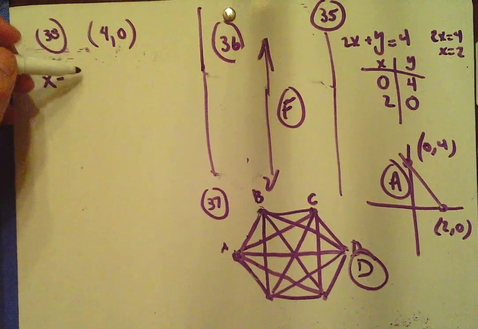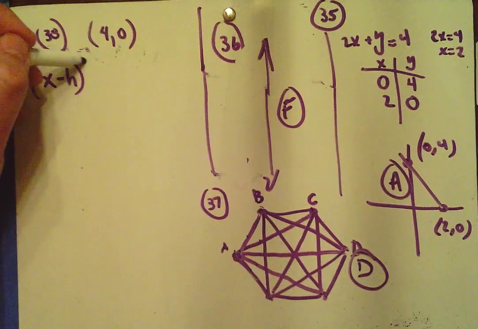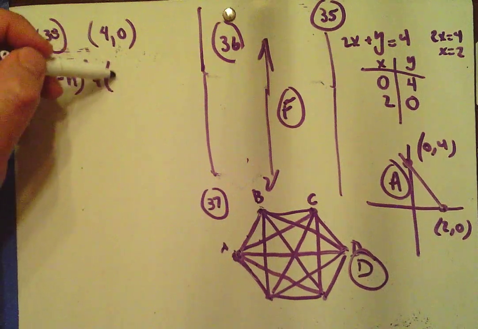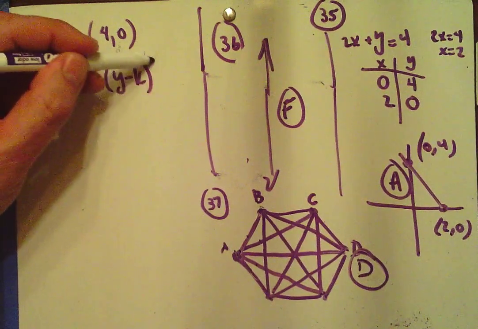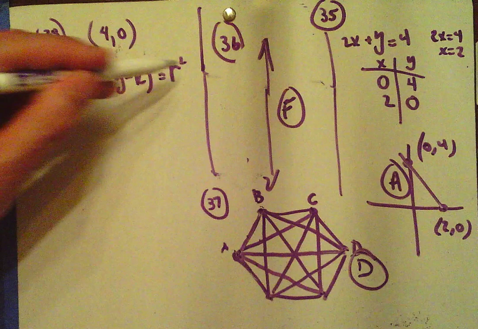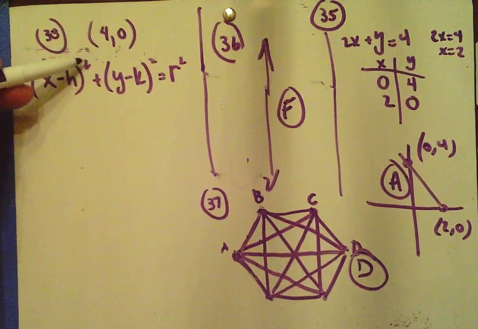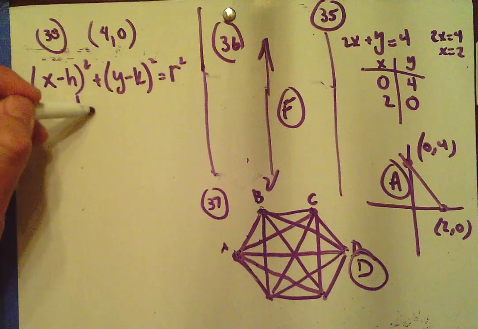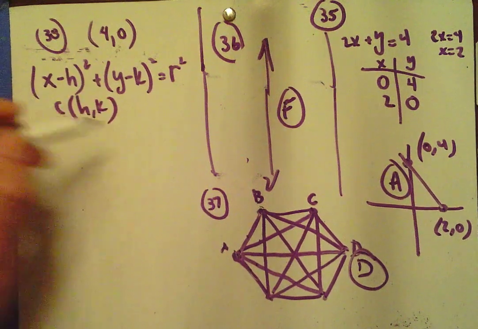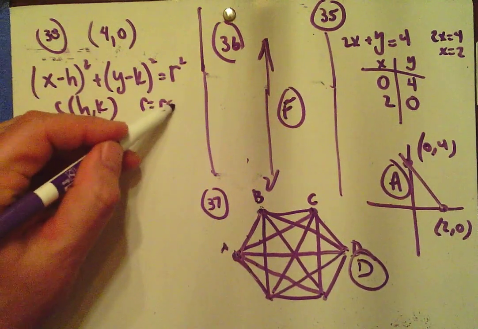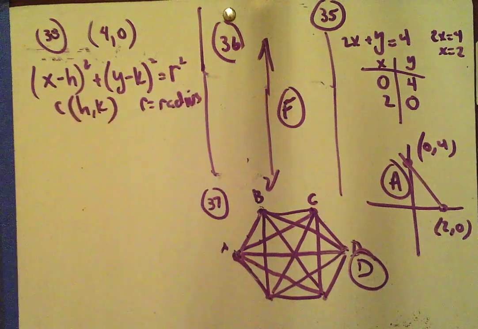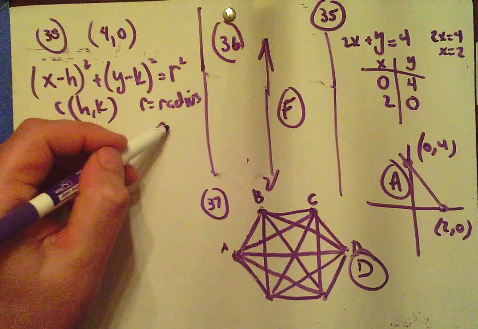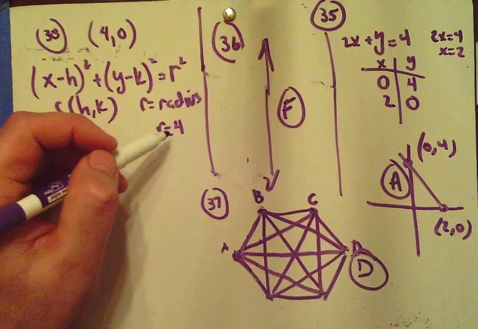Well, we should know, ideally, that the equation for a circle is (x minus h) squared plus (y minus k) squared equals r squared, where (h, k) is the center and r is the radius. Well, I notice from the picture that the radius is 4.